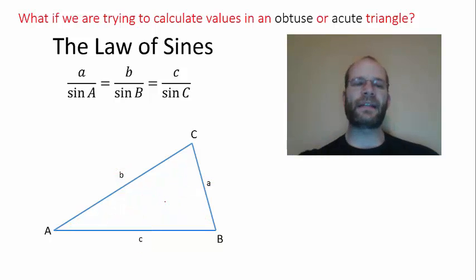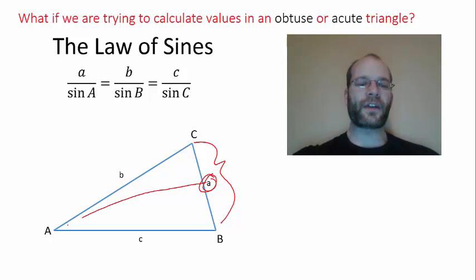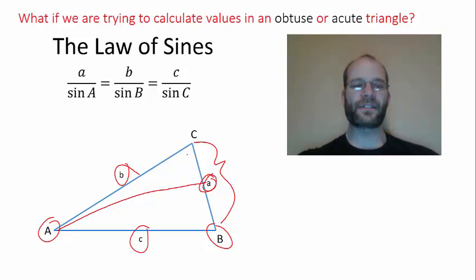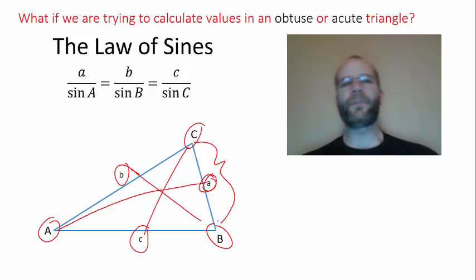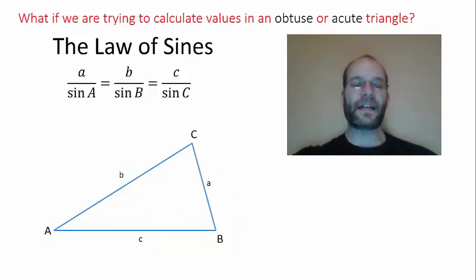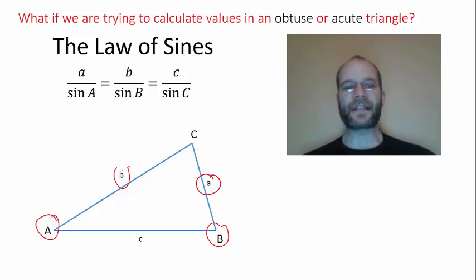What it means is that I'm using variable a to represent the length CB, and that a is always across from A, b is across from B, and c is across from C. It's somewhat important that we understand that, and perhaps more particularly, that we don't confuse the different letters. We don't confuse angle A with length a, or angle B with length b, etc. So that's the naming convention.